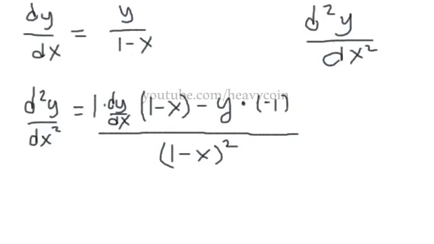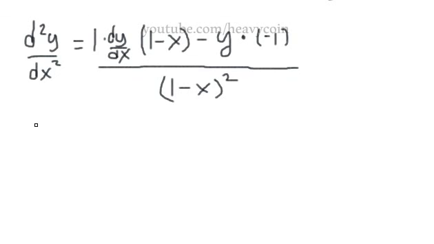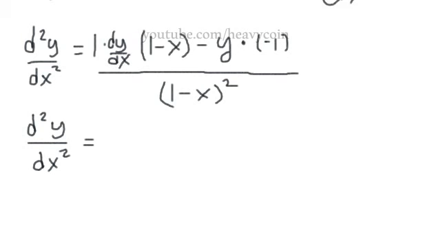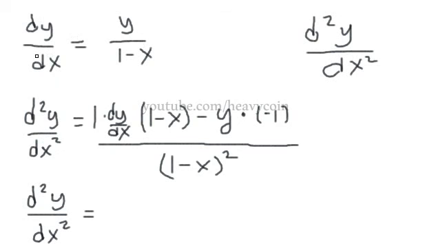So now let's clean this thing up. So we've got d2y over dx2 is equal to, okay, we're cleaning things up here. You know what? We all know what dy over dx is. It's this guy right here. So we're going to substitute this dy over dx in for y over 1 minus x. How's that?